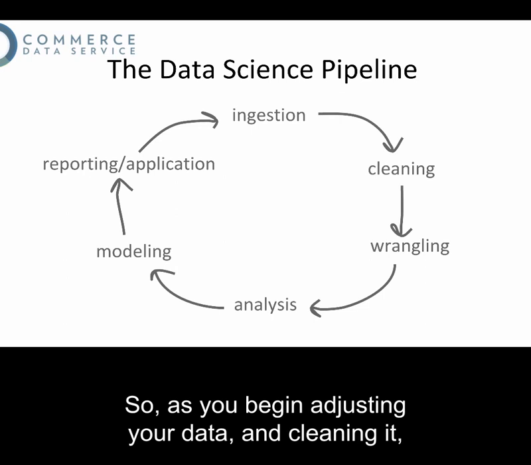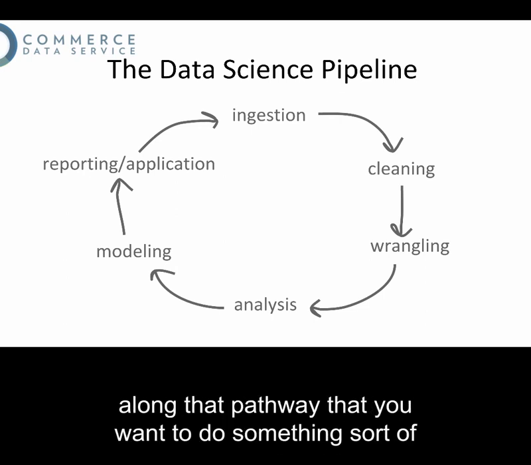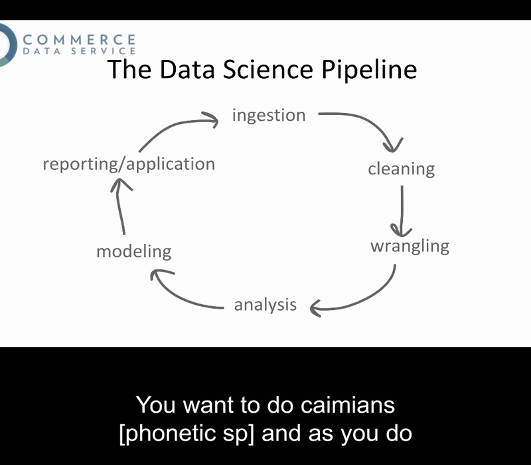As you begin ingesting your data and cleaning it and wrangling it and doing analysis, you may decide along that pathway that you want to do some sort of unsupervised learning technique on your data. You want to do k-means.